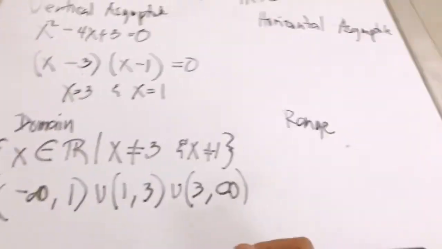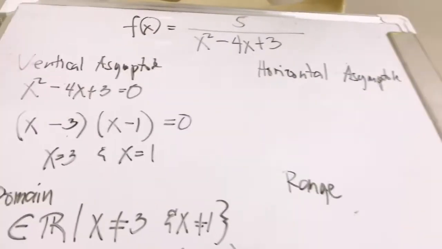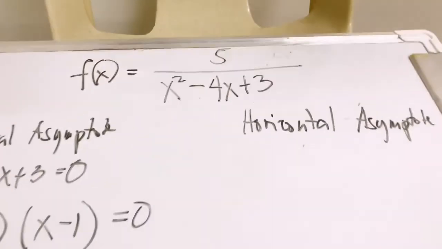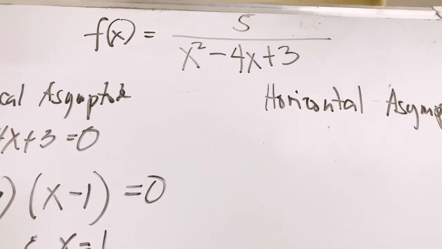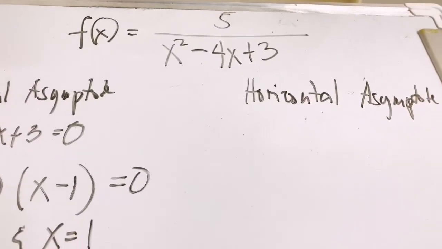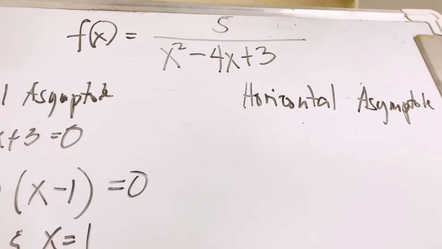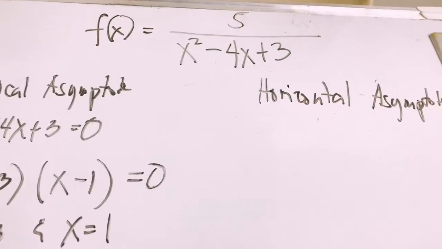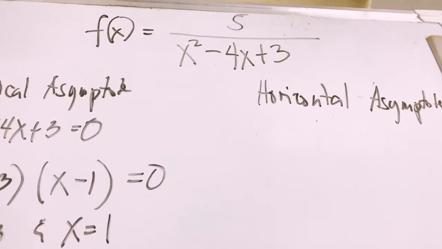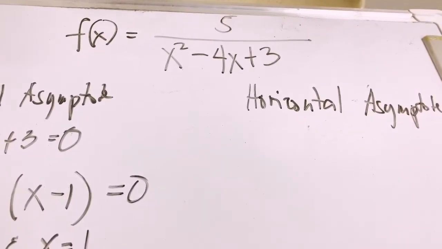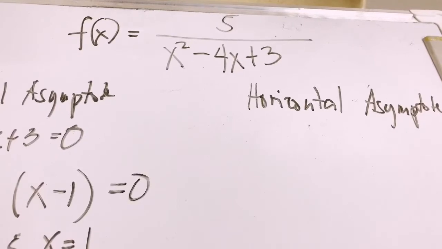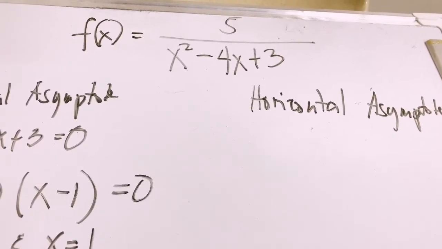Now, let's proceed to the horizontal asymptote. If we try to go back to our cases, we have case number 1, 2, and 3, saan kaya ito ma-fall? Is it the highest degree exponent is less than the highest degree exponent in the denominator?